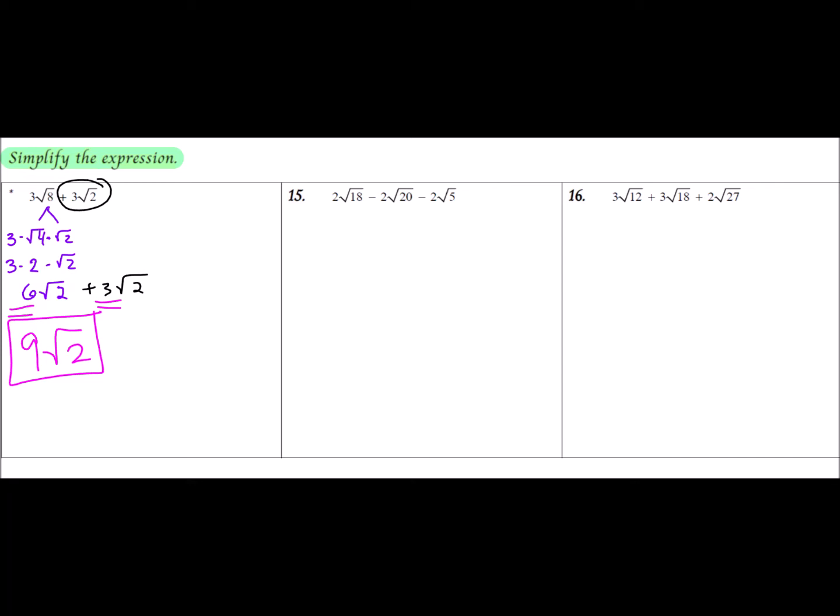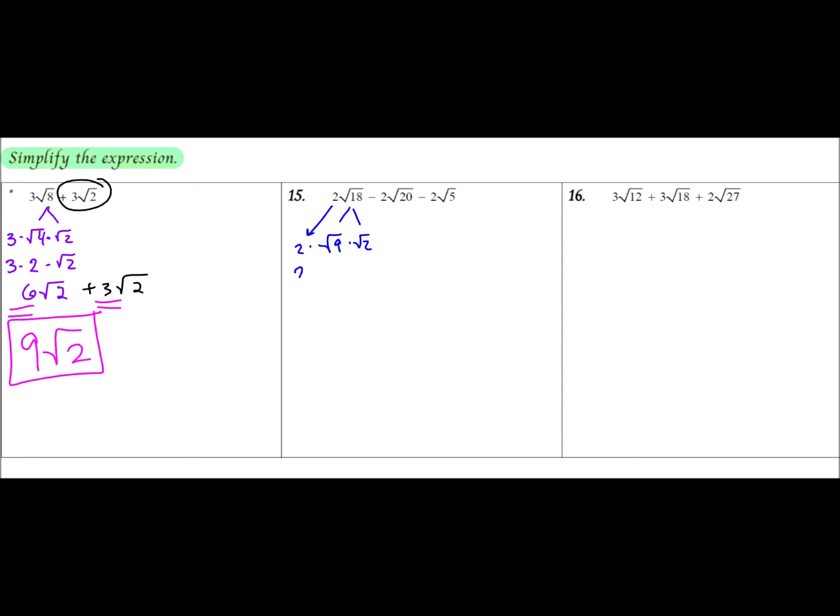When we look at 15, similar situations. Notice here this has a 5, so I'm thinking this is the one that's going to get broken down. But let's see what happens to the 18. So 18 can be broken down into rad 9 times rad 2. Notice I always start with the perfect square because that's what's going to get broken down. There was a 2 to begin with, so don't forget that.